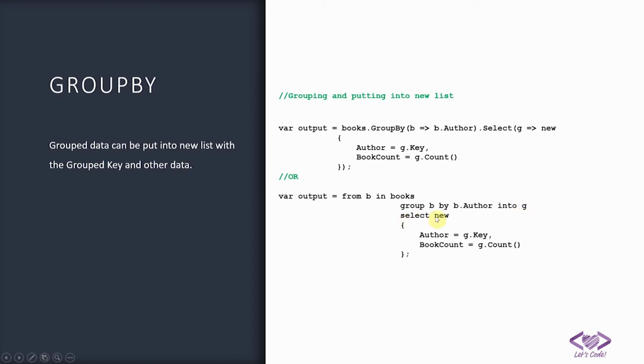Now you say select new, and the variable you have declared will be available in this select. Now you say Author equal to g.Key and BookCount equal to g.Count. So this remains the same. The only difference is the into keyword, which is introduced for the group by.